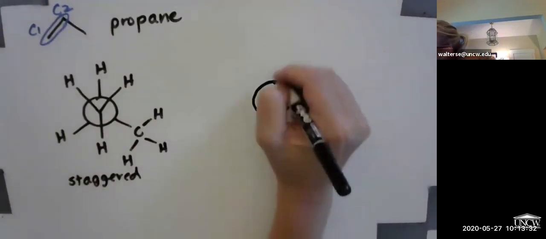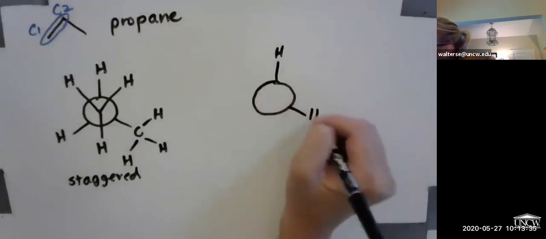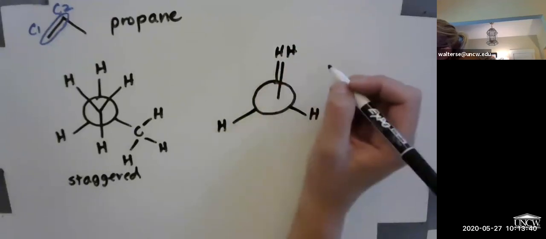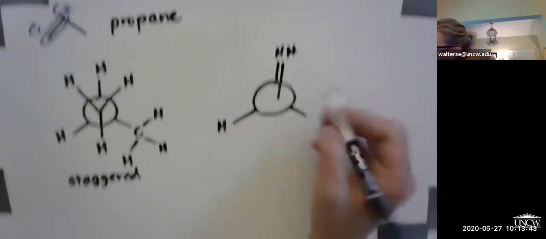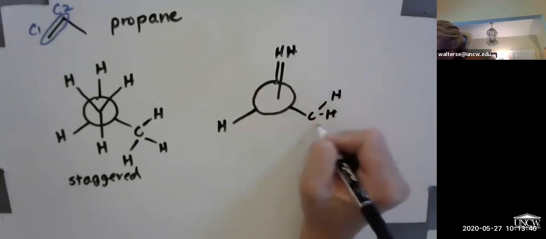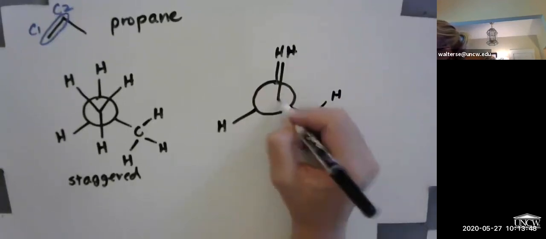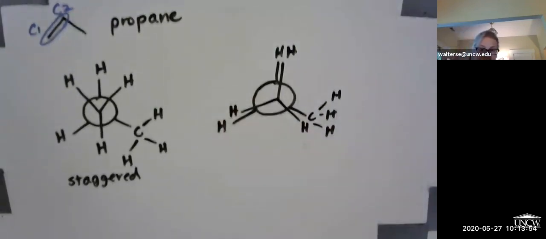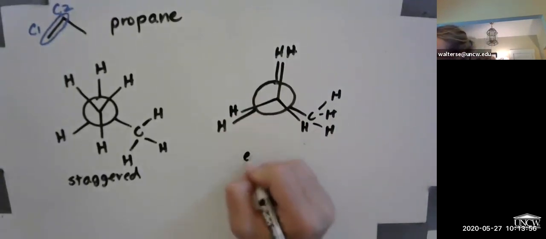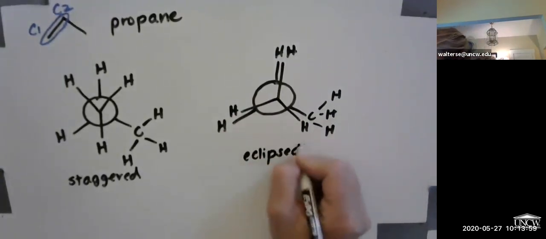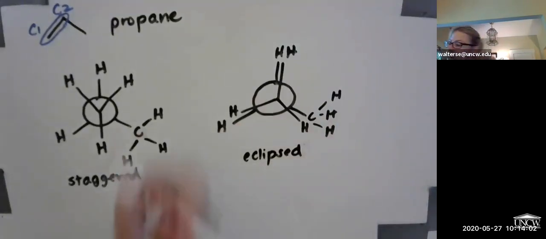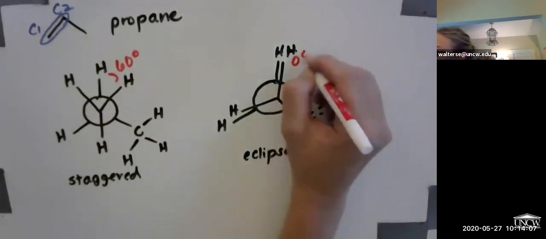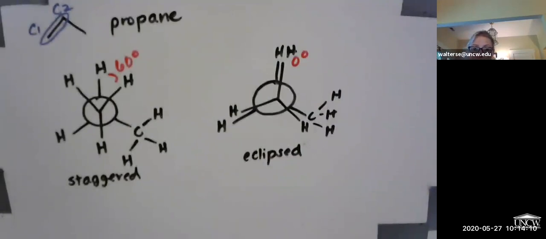And then eclipsed. 60-degree dihedral angle, 0-degree dihedral angle.